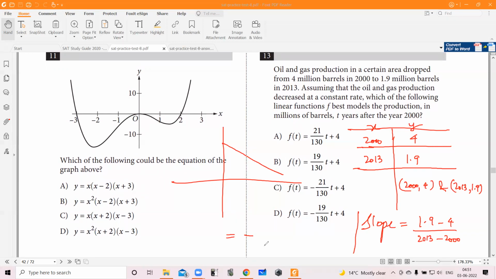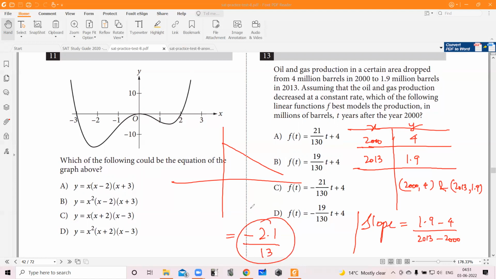No, 4. 1.9 minus 4. Yep, it's minus 2.1. Minus 2.1, correct. Minus 2.1 divided by 13.